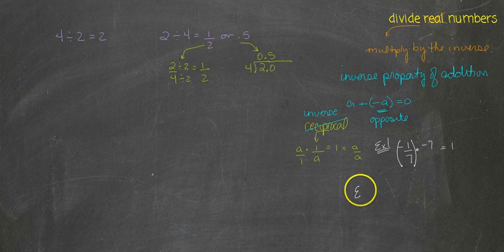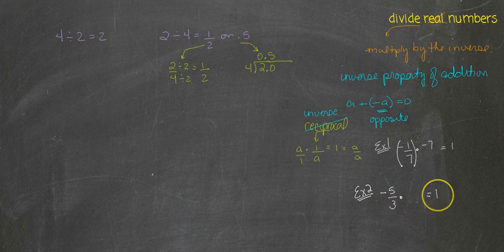Well, what about negative 5/3? Again, I'm asking what would I have to multiply this by to get 1 out? So just like before, we want to look at the signs first. If I multiply a negative times a negative, I'm going to get a positive. And then I'm going to multiply a fraction or a rational number by its reciprocal. And then let me just test it to be sure I've done the right thing.